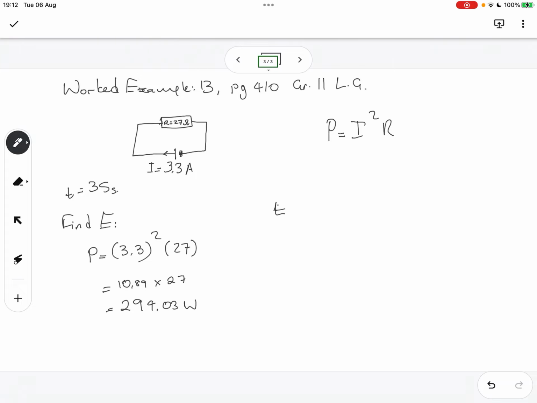So now, the energy, which is the power rating times time, will be 294.03 times 35 seconds, and it gives us 10,291.05 joules or 10.29105 kilojoules.